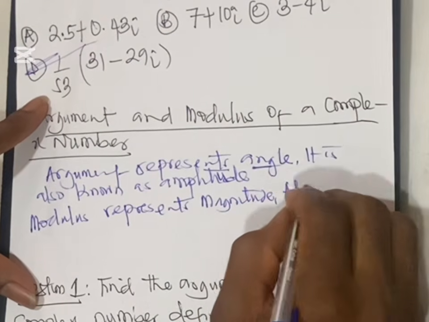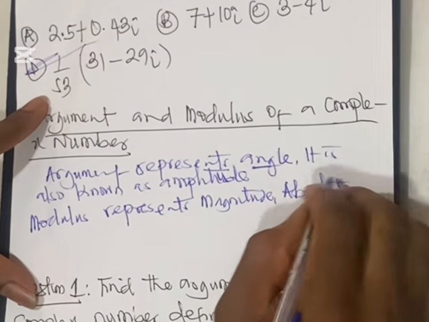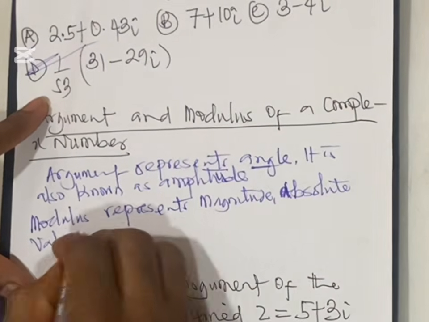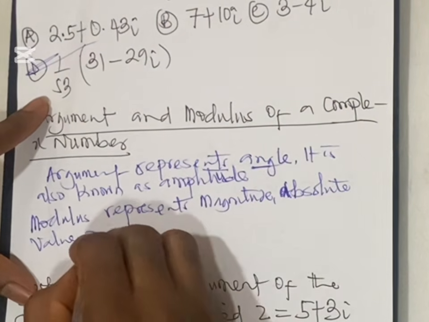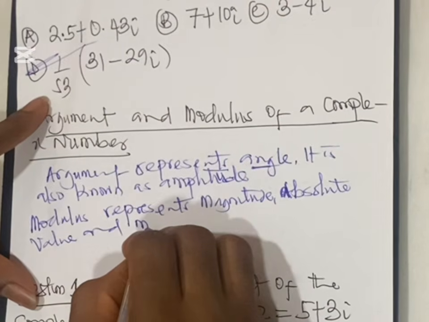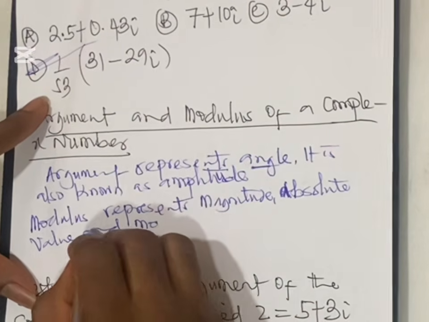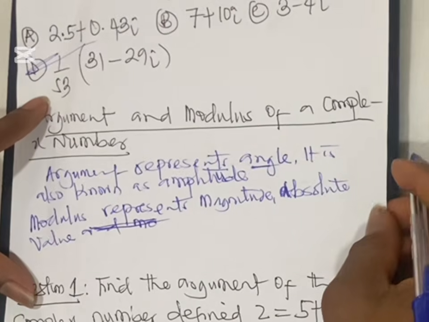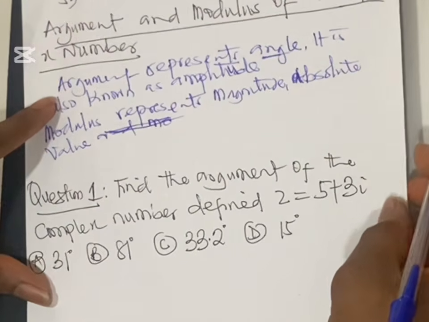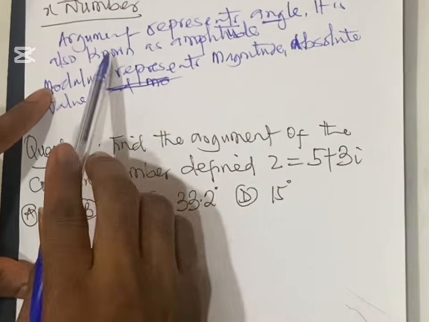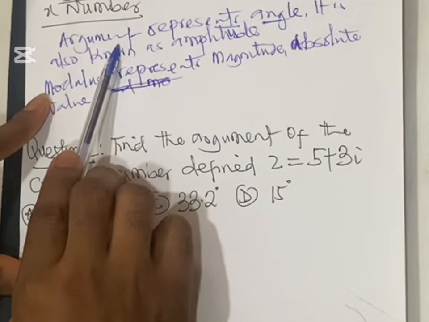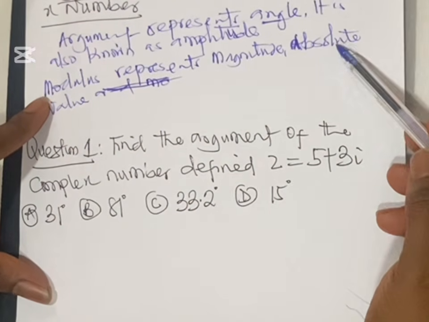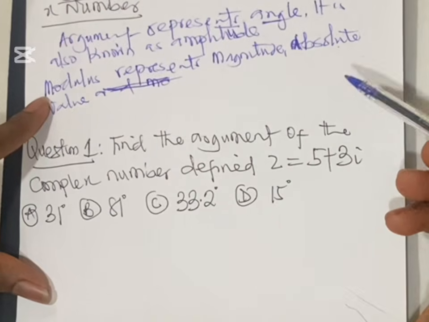It is the same as absolute value, and modulus itself. So how do we find this in our calculator, class? Now let's solve a question here to know how to find argument, that is angle, and how to find magnitude or absolute value using the calculator.